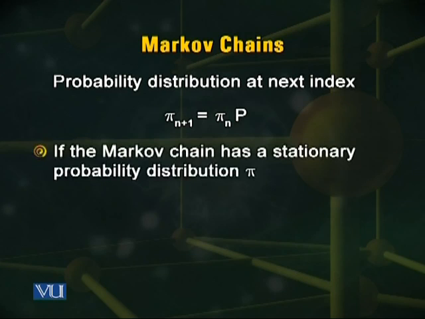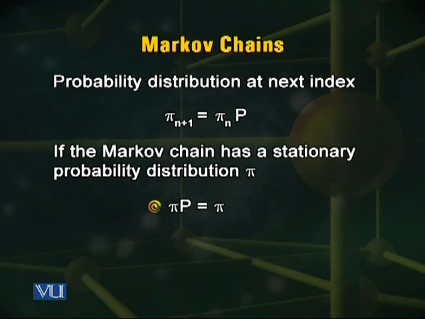So if this Markov chain has a stationary probability distribution and it has reached there, then in the long run, this probability distribution pi n plus 1 is the same as pi n. When you use this fact and assume that the long-term probability distribution is pi, then this equation turns into pi times P is equal to pi.